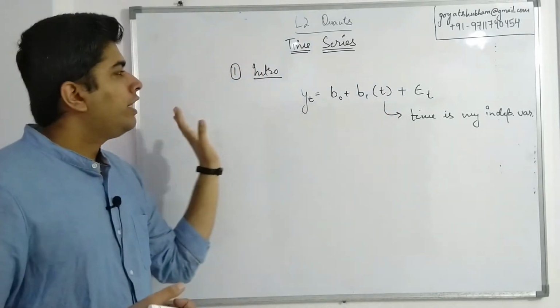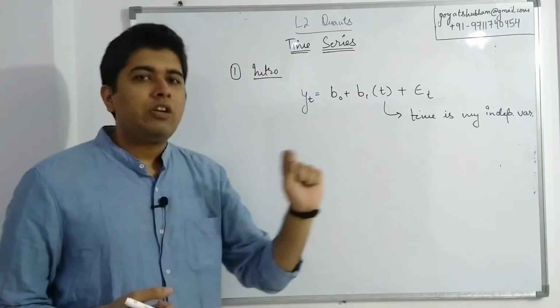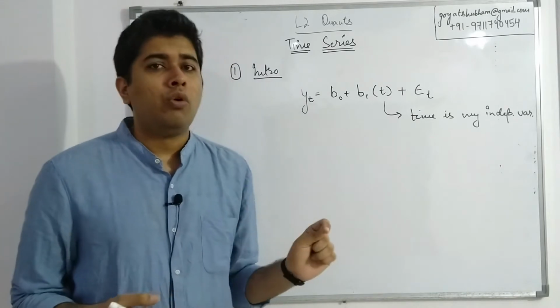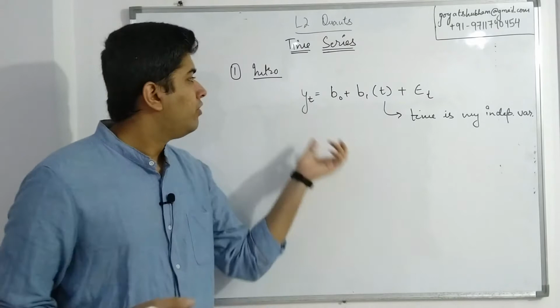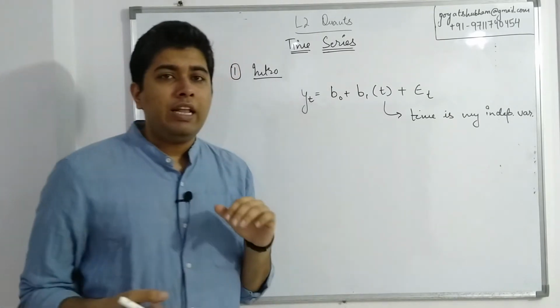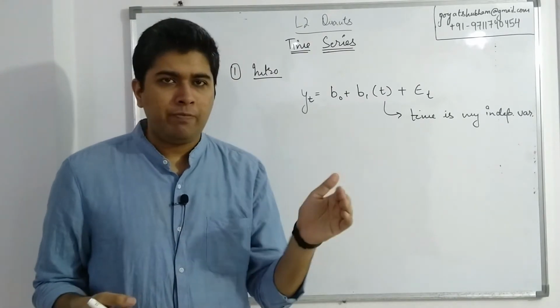So all I'm doing here is trying to explain the movement in my variable as a result of passage of time. Because at times I might want to know if the increase or decrease in prices of my particular stock, or anything else you take as a dependent variable, has a justification that is purely dependent on time.